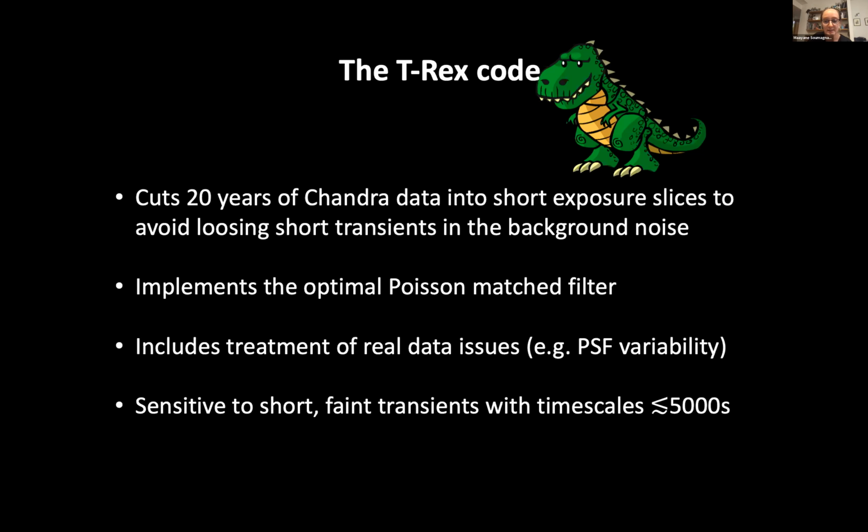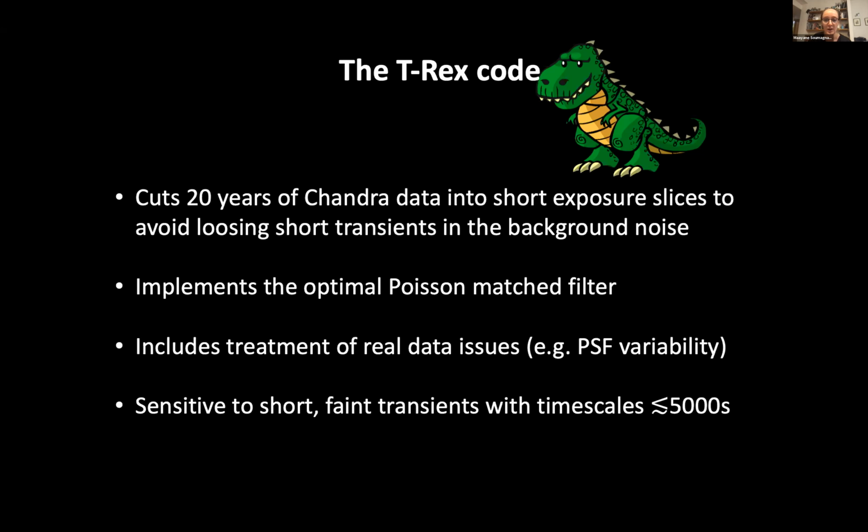It implements the mathematical proof by Ofek and Zackay as a source detection strategy, the Poisson matched filter. And it includes treatment of several gory real data issues, which I will spare you the details of. For example, the fact that the Chandra PSF is highly variable over the field of view, as you know. And the result of all this is a searching tool that is sensitive to short and faint transients.